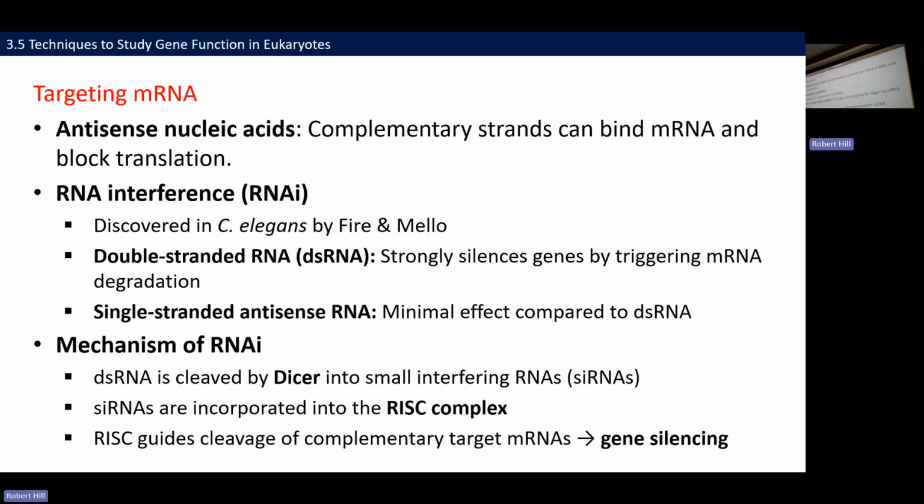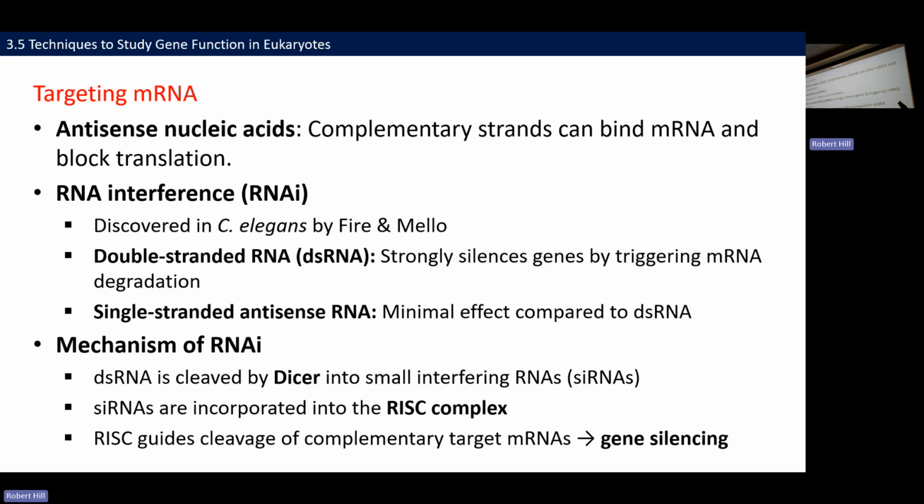These are sequences of nucleotides that are complementary to the messenger RNA. RNAi is a very good example of this, specifically double-stranded RNAi or dsRNA. It uses a short double-stranded sequence that will bind to the mRNA and basically targets it for degradation.